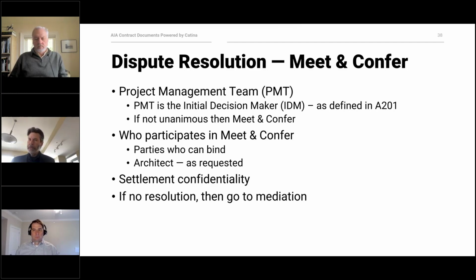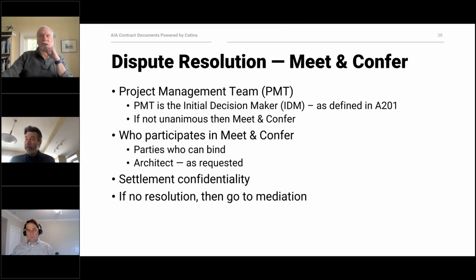Those meet and confers are confidential, and they hopefully will result in an overall resolution of the dispute. If that's not possible, then you go to the next phase, which is mediation, and then through mediation, you go through a formal dispute resolution process, either arbitration or litigation.